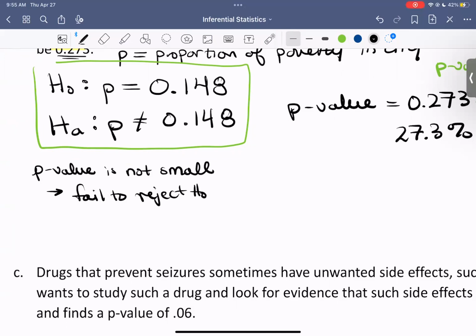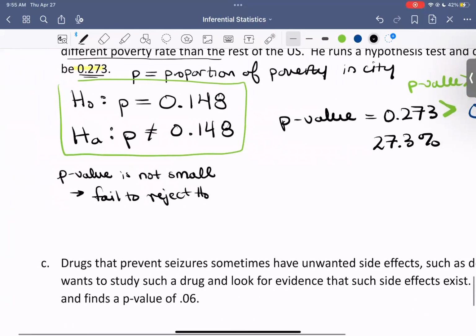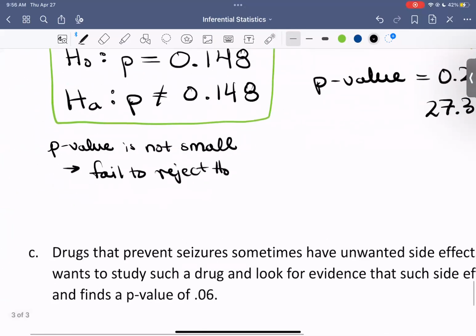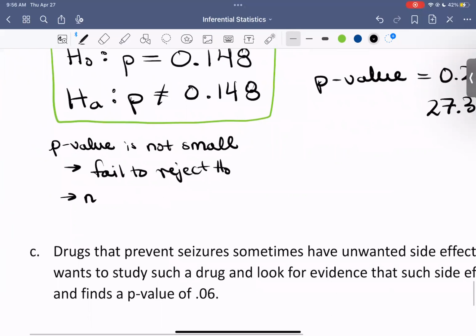So we can't say that our city is not at a 14.8% poverty rate. So fail to reject that H0. We can also say there's not enough evidence for the alternative, for HA.